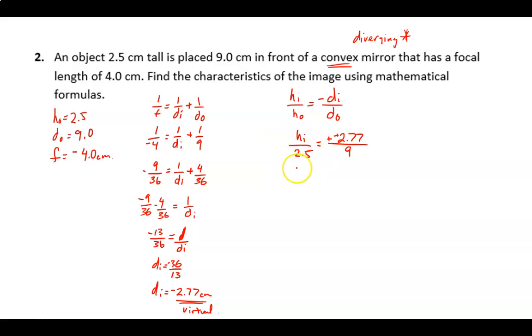Multiplying by 2.5 both sides, winds up with a height of positive 0.77 centimeters. And because this is positive, we know that this is upright. And because it's smaller than the original image, we know that it is reduced in size.